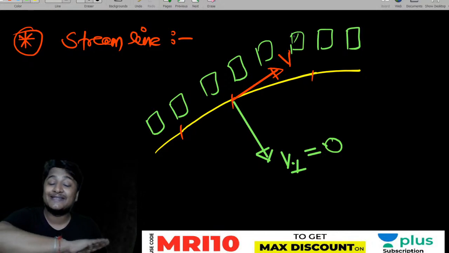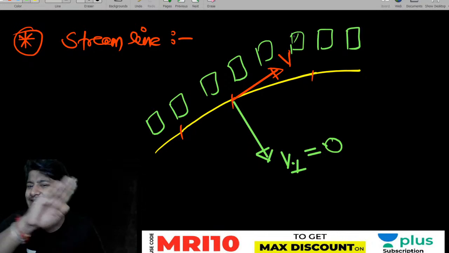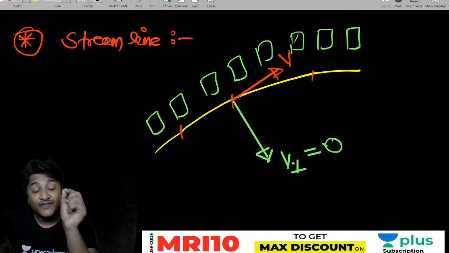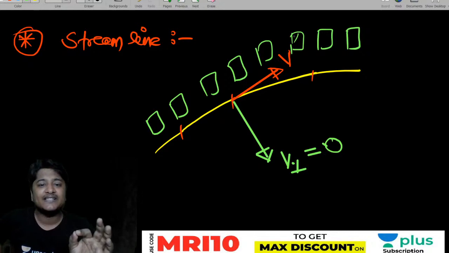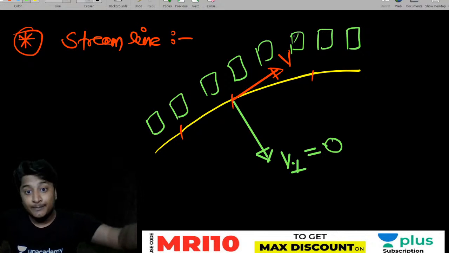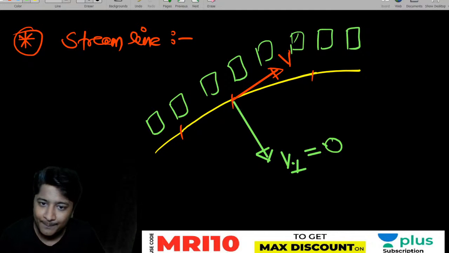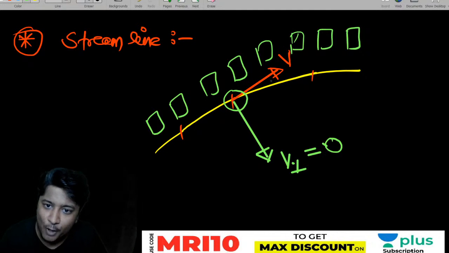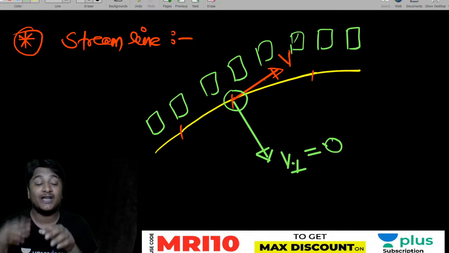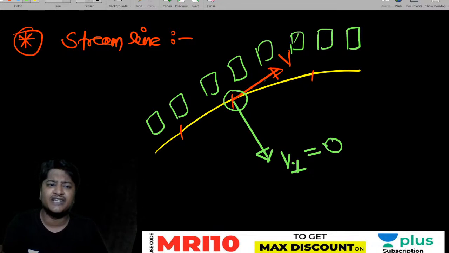So streamline is nothing but a locus of all the snapshots. ये पूरा combination है snapshot का. At every instance of time, the velocity can be different with different time. Change भी हो सकता है. For example, today at this point velocity is 5 meter per second. If you come tomorrow at the same point, velocity will be 10 meter per second also.